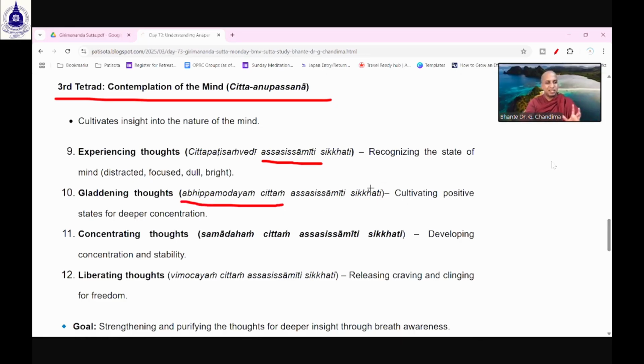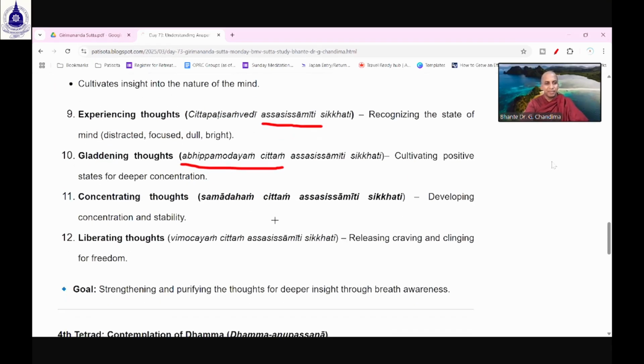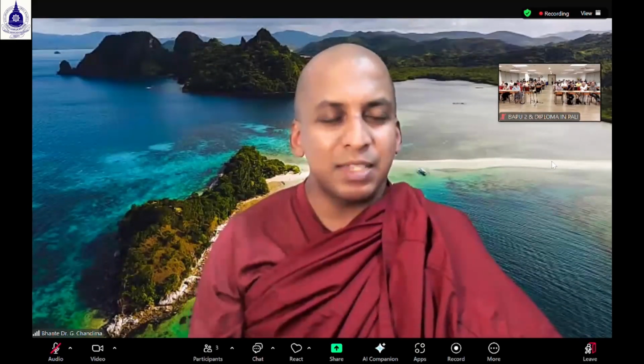Suppose the meditator is going through kusala thoughts, then there is a certain delight, gladdening happening with regard to the kusala thoughts. And then now when there are kusala thoughts happening, meditator wants to put them together, right? Say for instance, you think about a dana experience, you bring dana to the vihara.